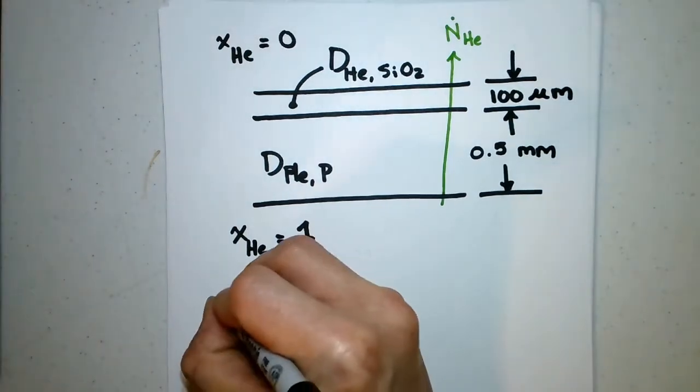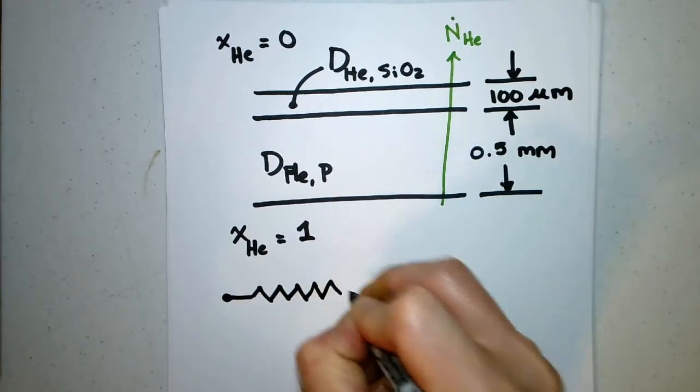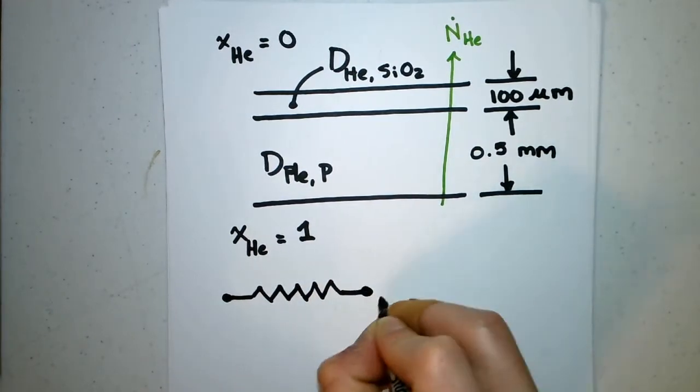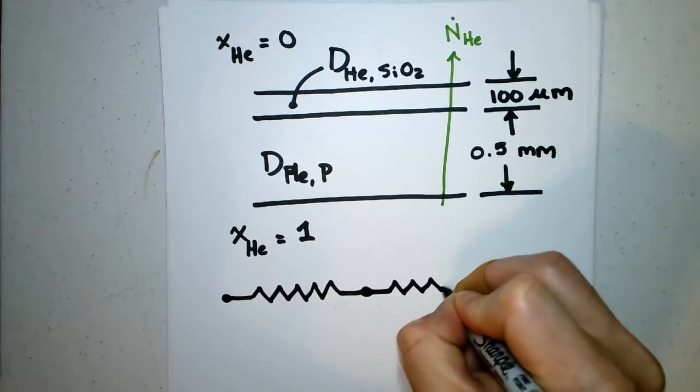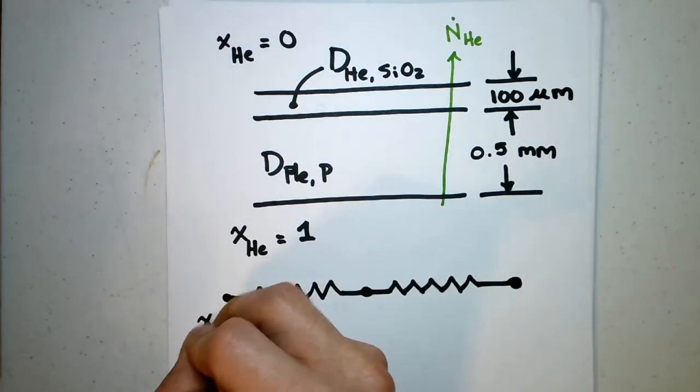So we looked at this as a resistance network. And then each node where we would say maybe measure a voltage would be a concentration.